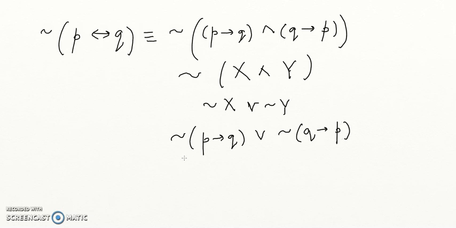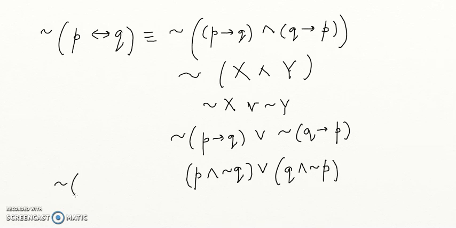And in our previous segment, we have seen the negation of if P then Q is P and not Q. Let's copy this OR here. And the negation of if Q then P would be Q and not P. So these two statements are logically equivalent, remember?